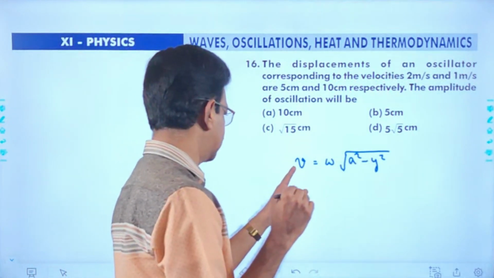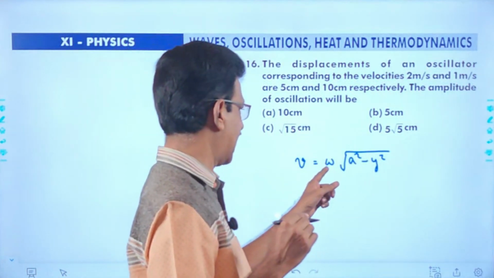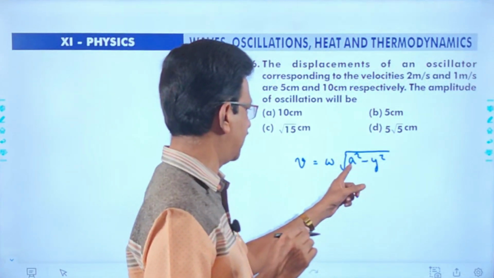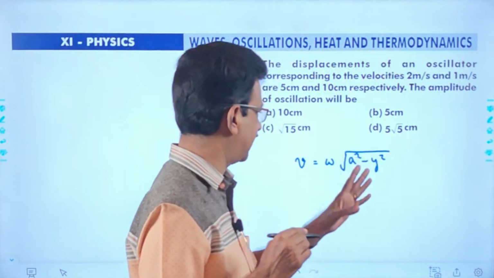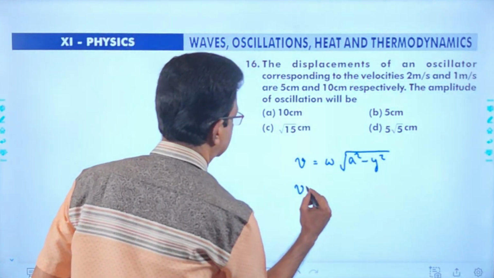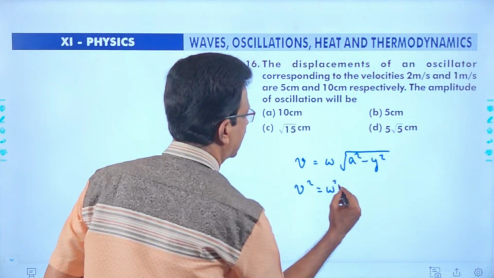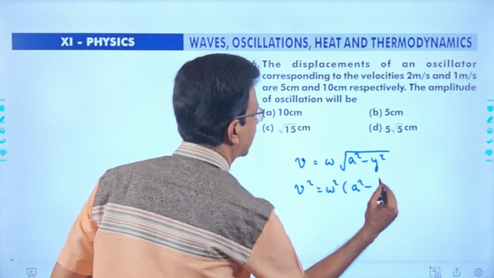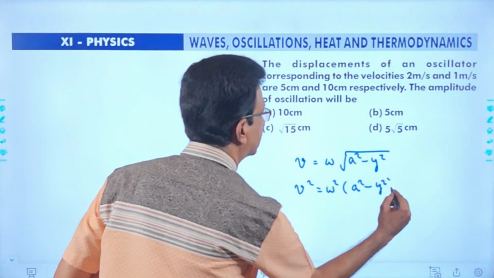Omega is the angular frequency or angular velocity, a is the amplitude of oscillation, y is the displacement at the considered instant. Therefore, v square equal to omega square into a square minus y square.